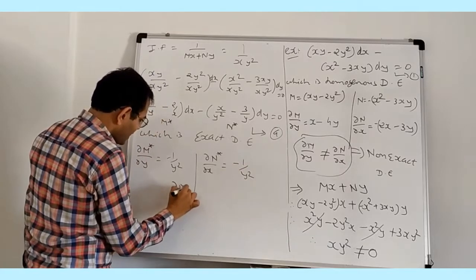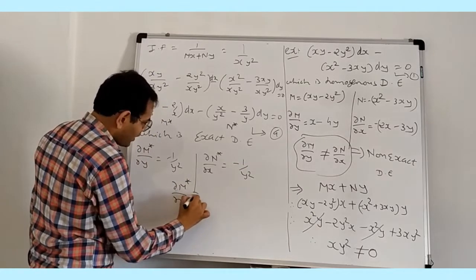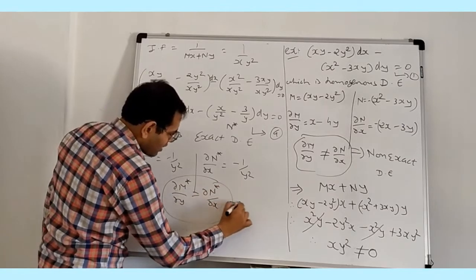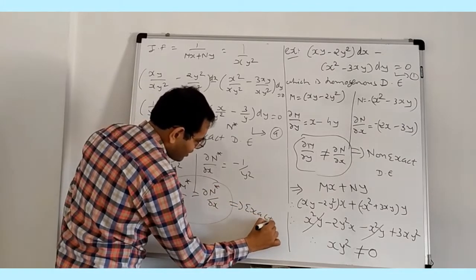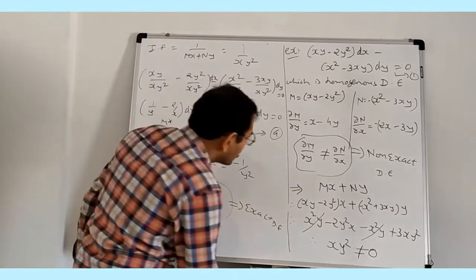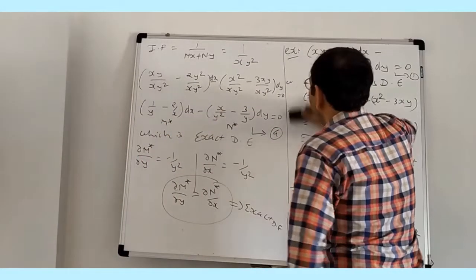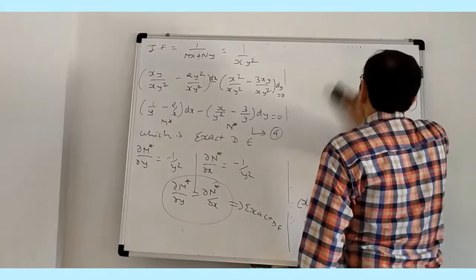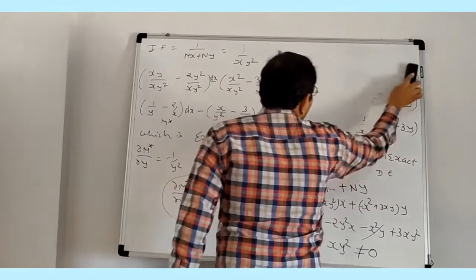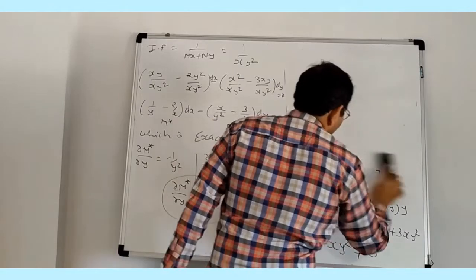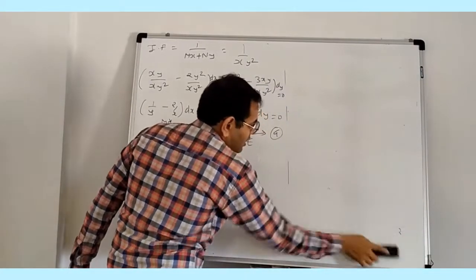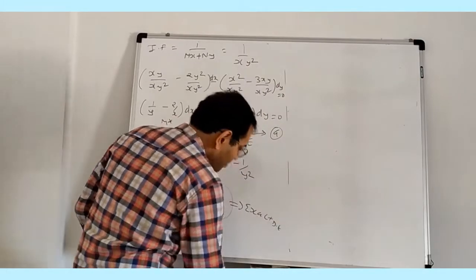Both have the same value, so we can say that the given differential equation is exact. Now for the solution of the exact differential equation, we have a formula. The solution of an exact differential equation has integral of M dx, with y constant.